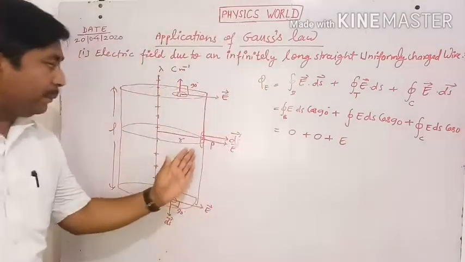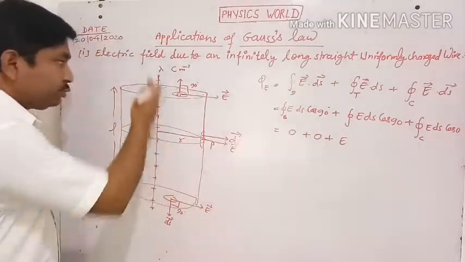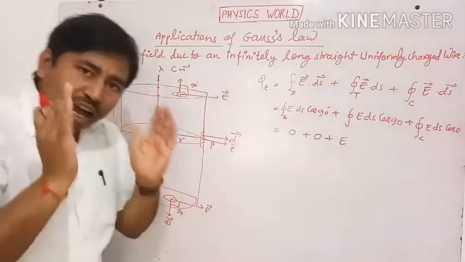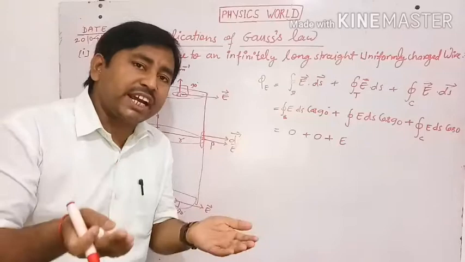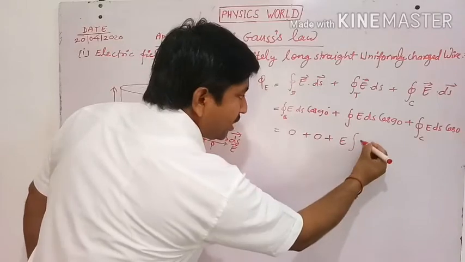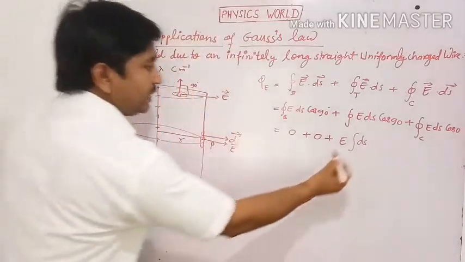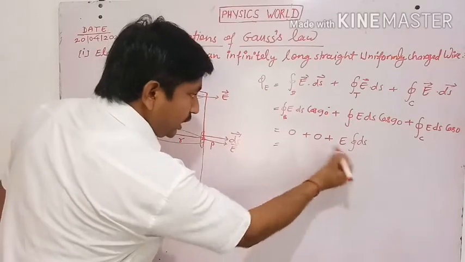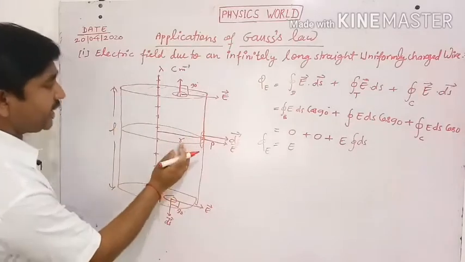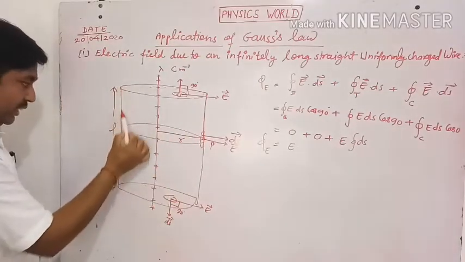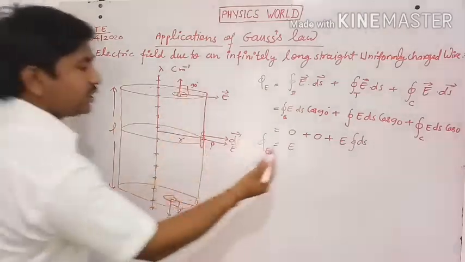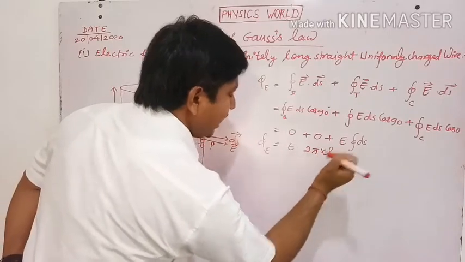Since we know that the magnitude of the electric field due to this line charge at every point on the curved surface is the same, because every point of the curved surface is equidistant from the line charge, this E can be taken outside the integration, and this becomes the integral of ds. So this is the total curved surface area. The length of this cylinder is L and the radius of this cylinder is r, so 2 pi r L is the total curved surface area.